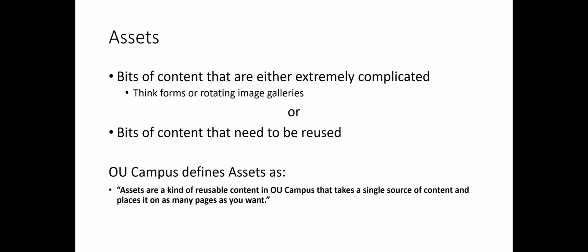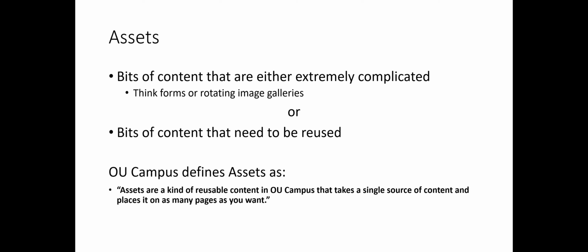OU Campus defines assets as a kind of reusable content that takes a single source of content and places it on as many pages as you want. Same ideas. With these forms and rotating galleries, assets give you the option of reusing them. If you want to have, let's say, three pages that have the exact same rotating image gallery for some reason, you can do that with an asset.